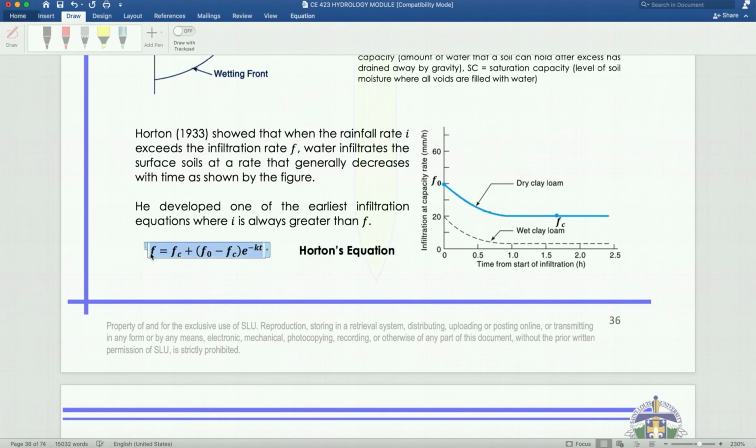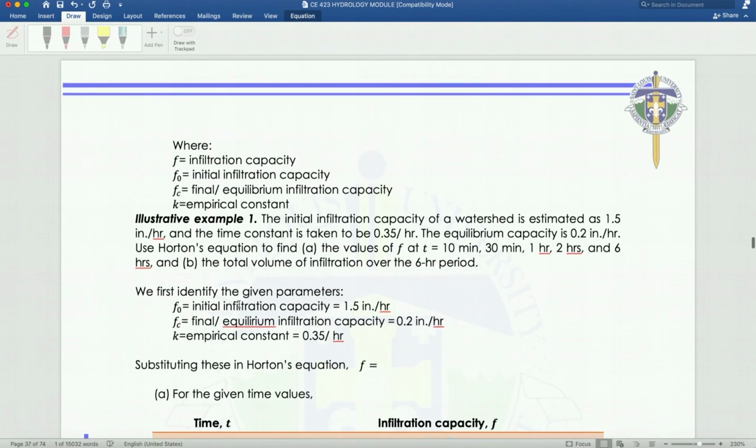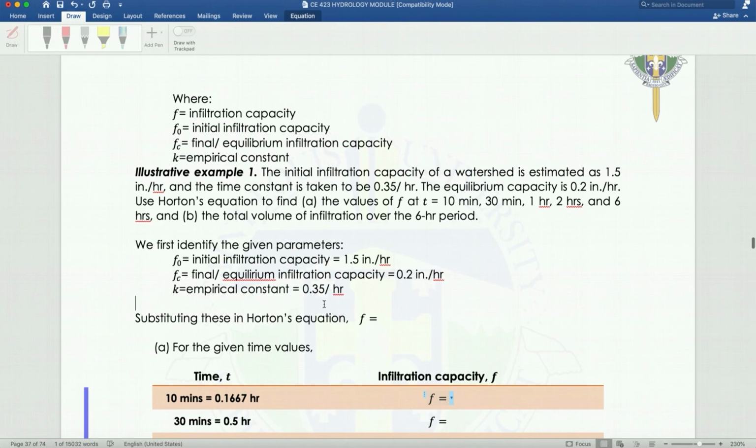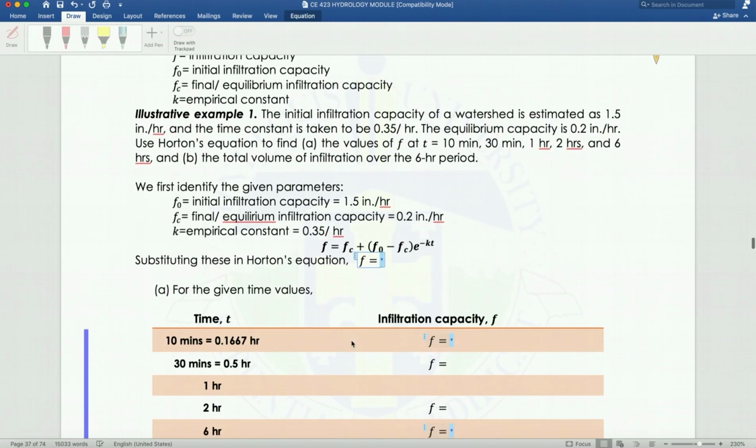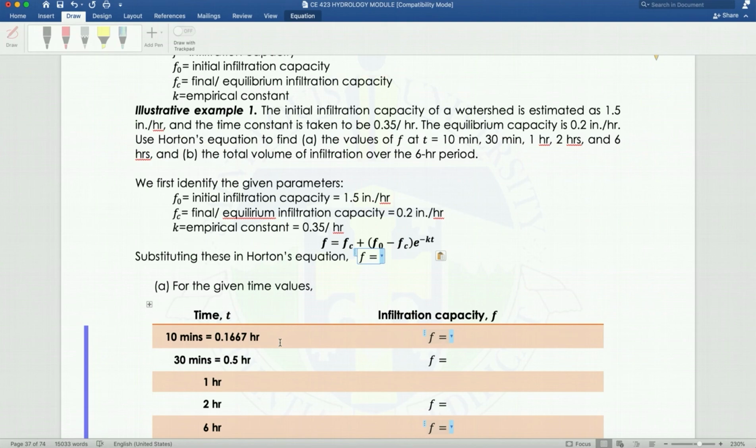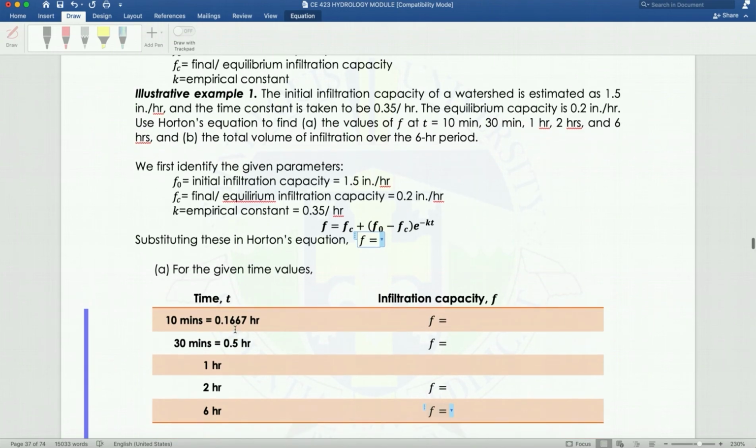Now going back to our equation, Horton's equation is this. So we copy this, then we paste it here. This is our working equation. For letter A, we need to determine the different infiltration capacities at these given times.